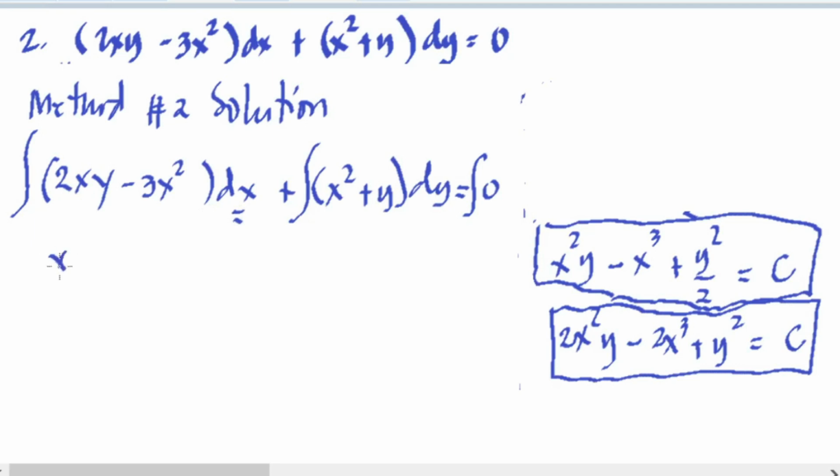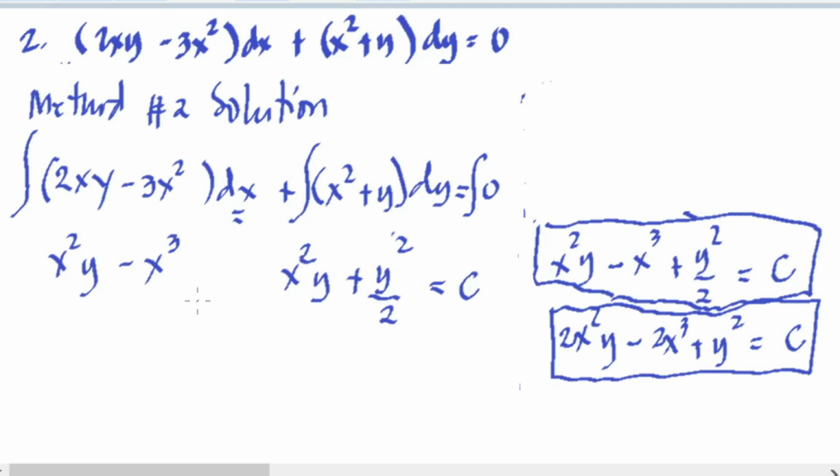So that is x squared y, right? How about this one? We have x cubed. The other one, we are integrating with respect to y, and that is x squared y plus y squared over 2. And what is the integral of 0? That is a constant.